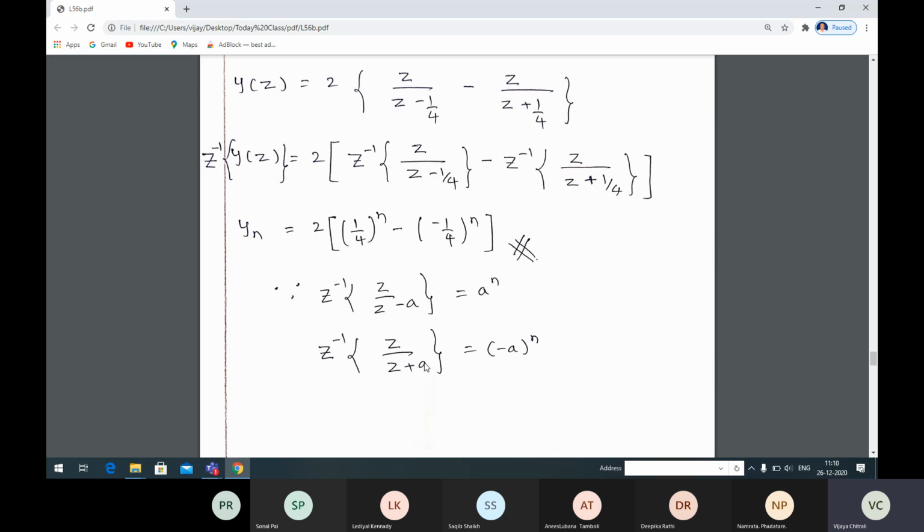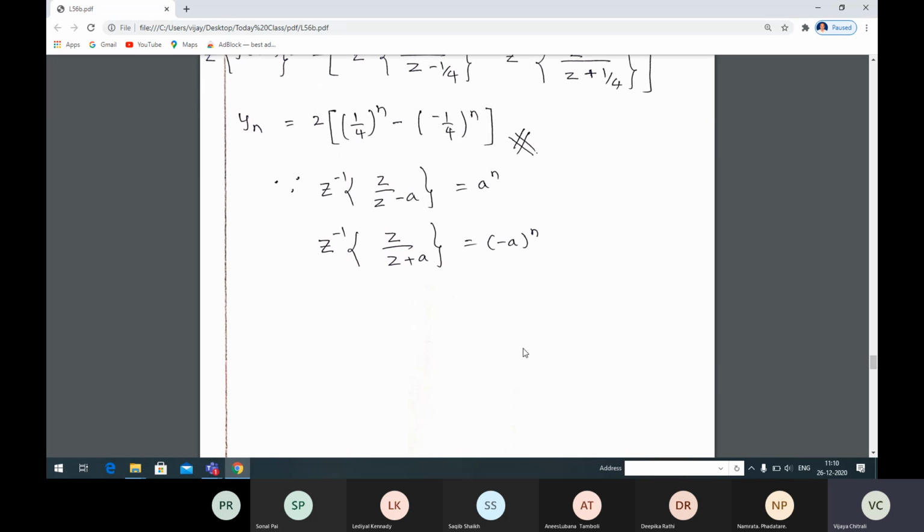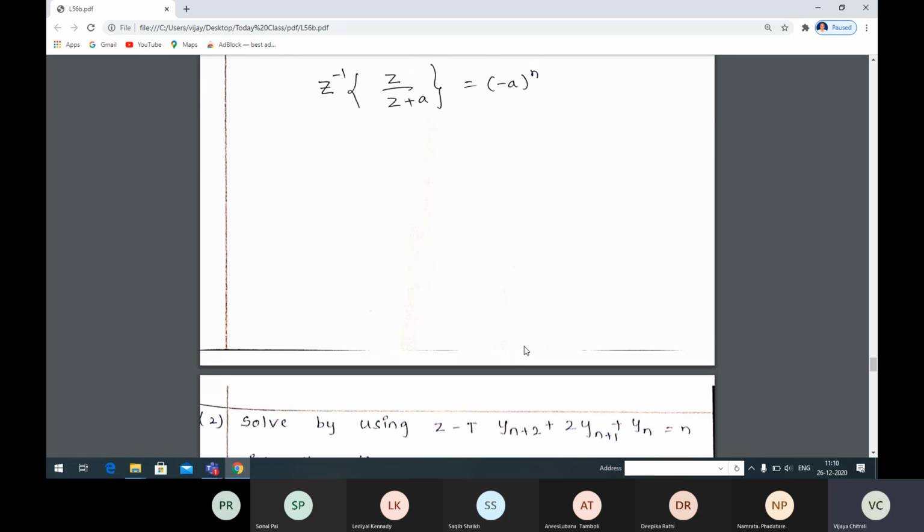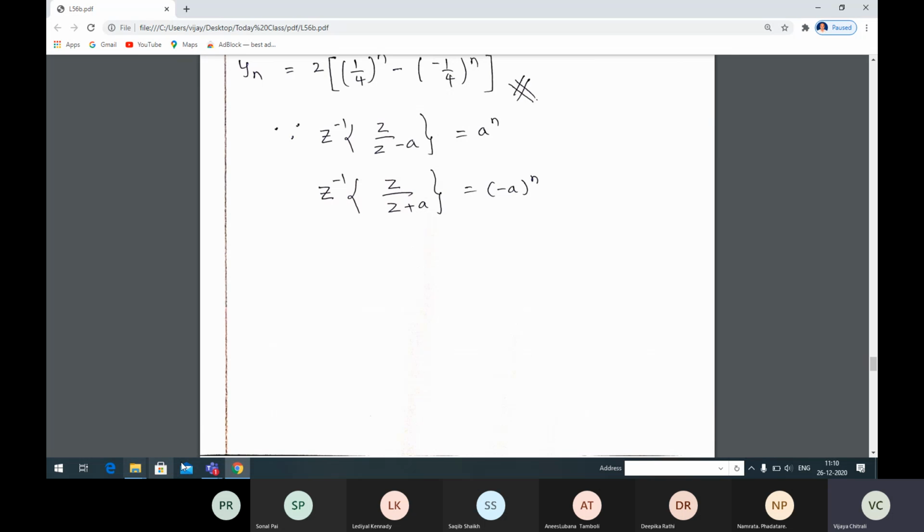And for z plus a, in place of a we have 1 by 4, so minus 1 by 4 raised to n. So we have used these two results. Z inverse of z divided by z minus a is equal to a raised to n. Z inverse of z divided by z plus a is equal to minus a raised to n, right? So today we'll stop here only.